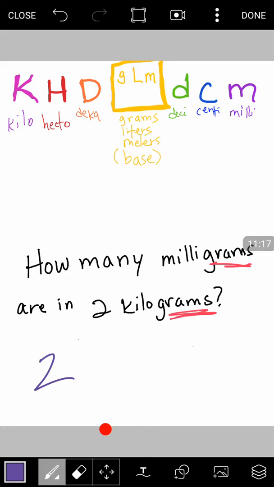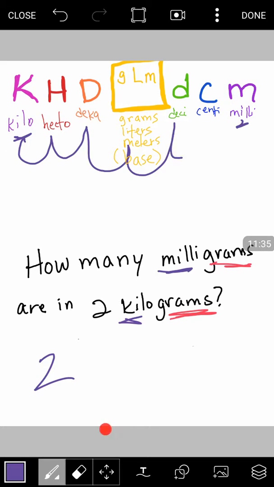So my question then is, if I'm going from kilo to milli, how many spaces is that in the table, in which direction? We're going from kilo to milli. So here's kilo and here is milli. To go from kilo to milli, it is 1, 2, 3, 4, 5, 6 places to the right.